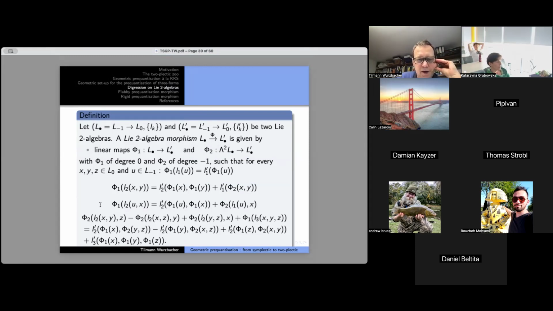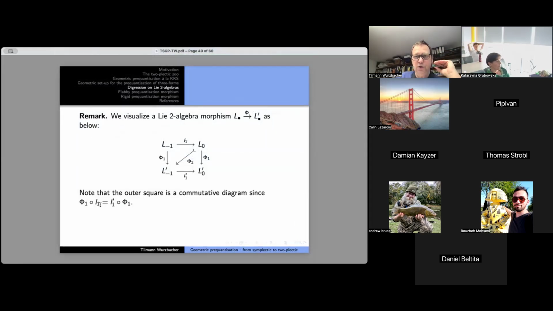But the easy way to remember is the following. I have the two Lie 2-algebras written as very short complexes. Then I have phi 1, which is a morphism of complexes. So the outer square is commutative.